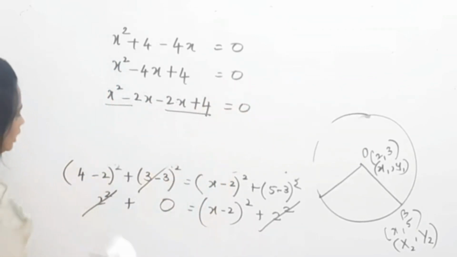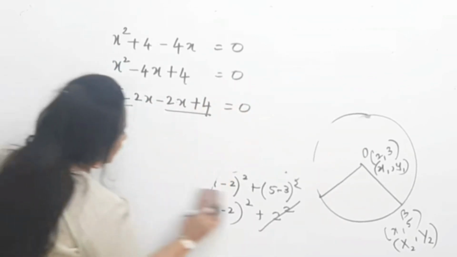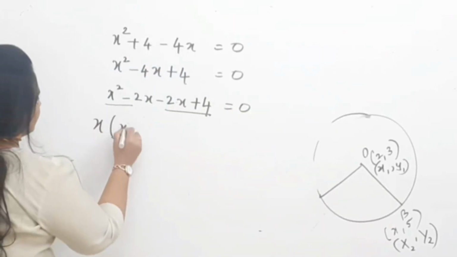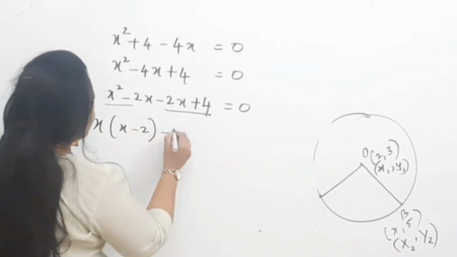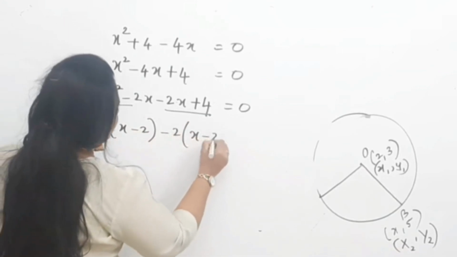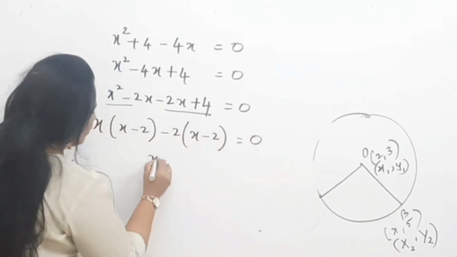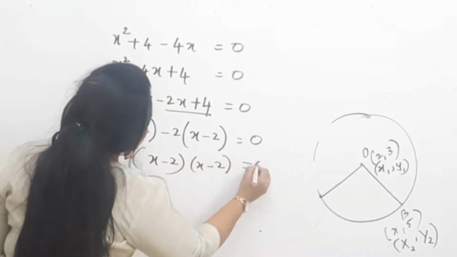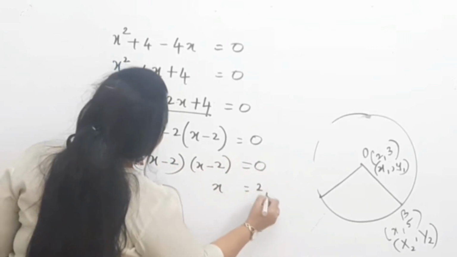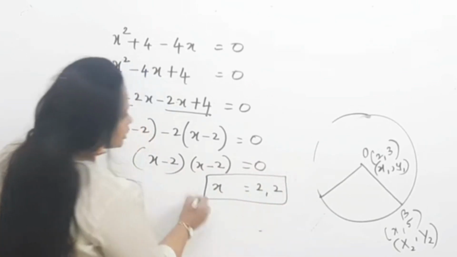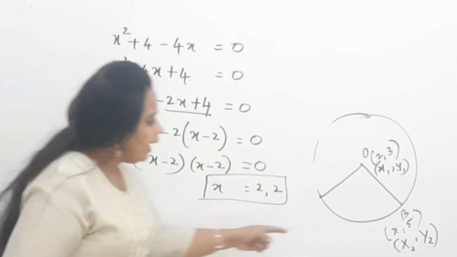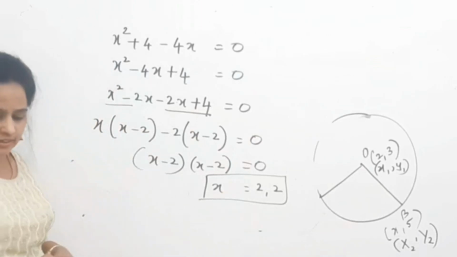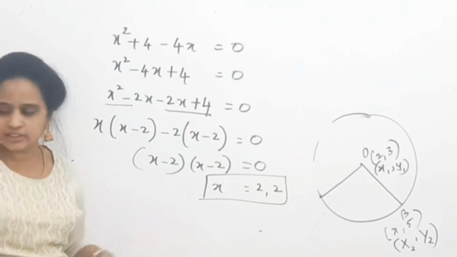Group the terms: x is taken outside, I'm left with x minus 2, and minus 2 is taken outside, I'm left with x minus 2. So my factors are x minus 2 into x minus 2 equal to 0, x is equal to 2 comma 2, equal roots. So my value for x is 2. It's as simple as that. Hope everyone understood this question.